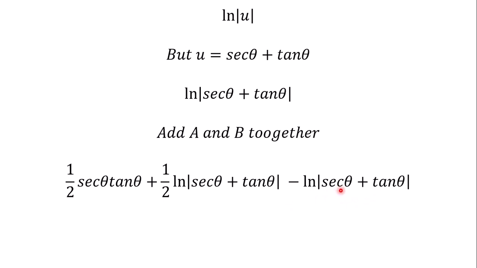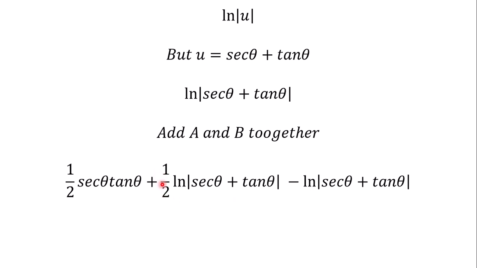Now you could see that this and this are the same. Here we have secant theta plus tan theta, the same absolute value, the same natural log. When you come here, secant theta plus tan theta, absolute value, natural log. This means that they are the same. So since they are the same, we can add or subtract their coefficients.